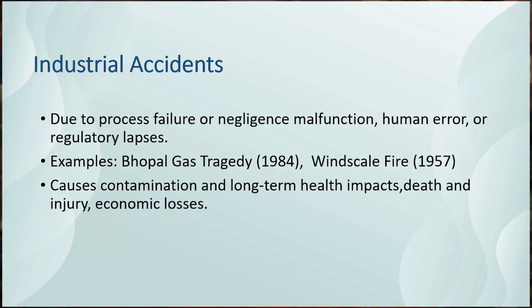The Windscale fire, a nuclear reactor fire in the UK, released radioactive contamination across the region. It caused contamination and long term health impacts, death, and injury. Another example of an industrial accident was the Bhopal gas tragedy of 1984.